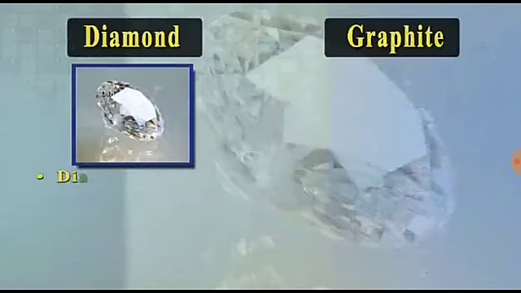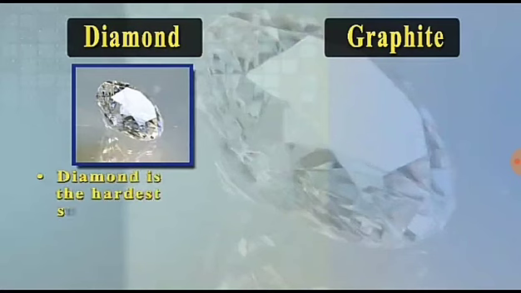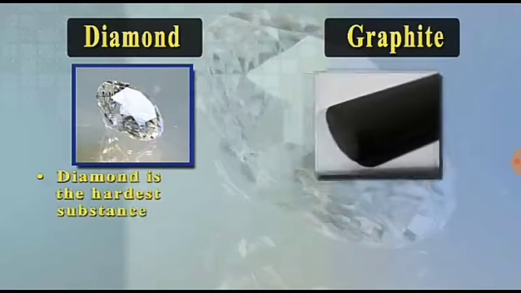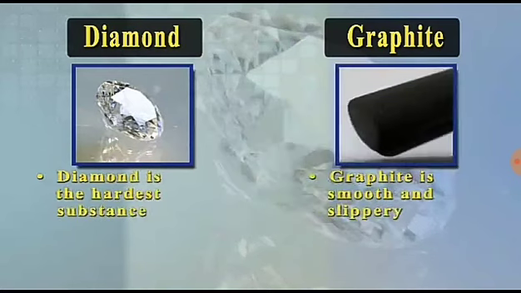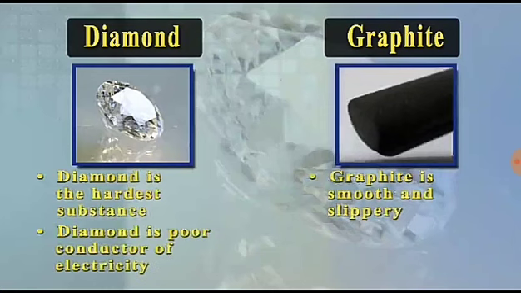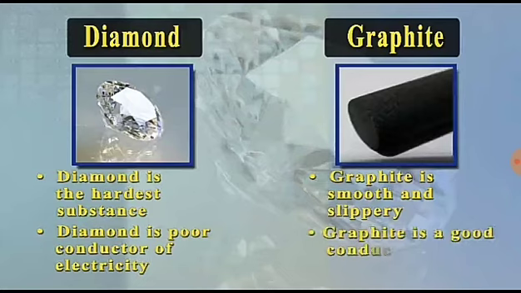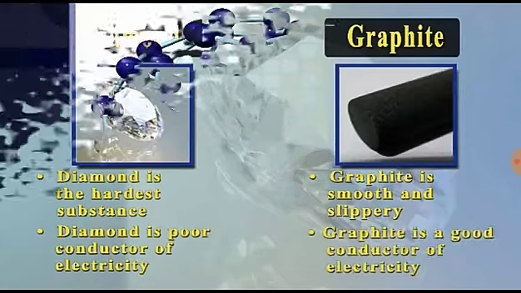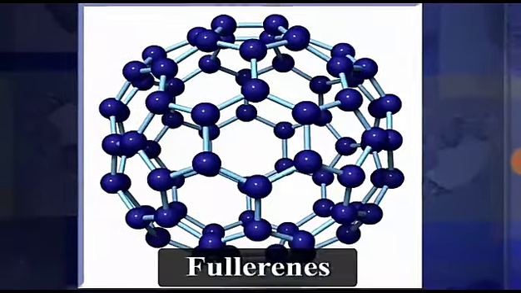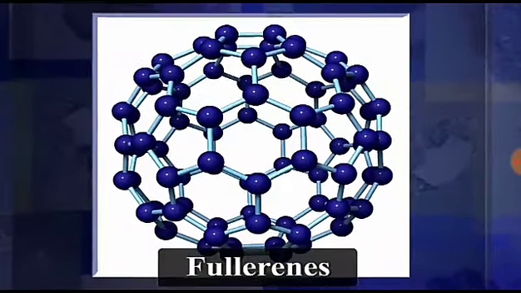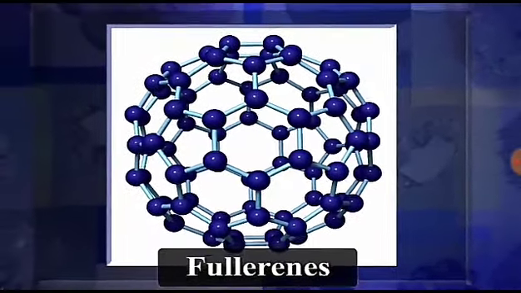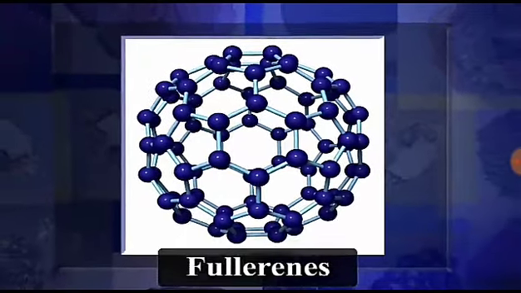For example, 1. Diamond is the hardest substance, while graphite is smooth and slippery. 2. Diamond is a poor conductor of electricity, and graphite is a good conductor of electricity. Fullerenes are another class of carbon allotropes which have carbon atoms arranged in the shape of a football.